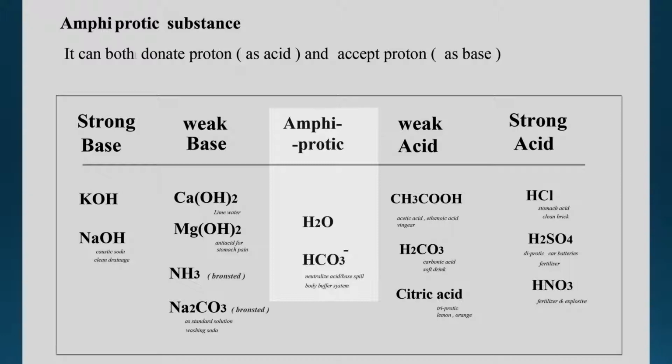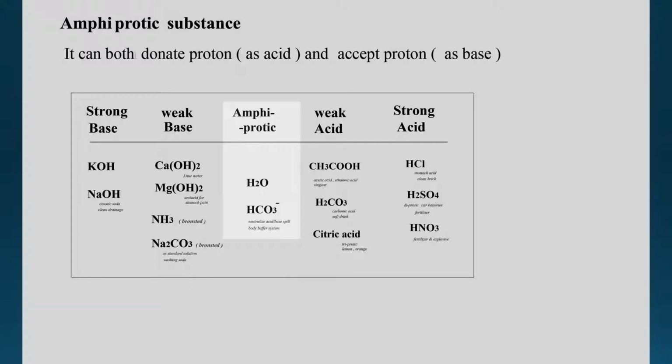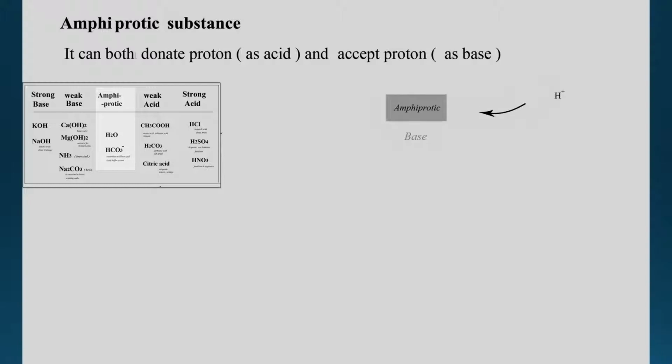So now let's look at amphiprotic. Remember the definition: it can donate a proton and accept a proton. Now let's see. Amphiprotic can work as a base, which means you can accept a proton.